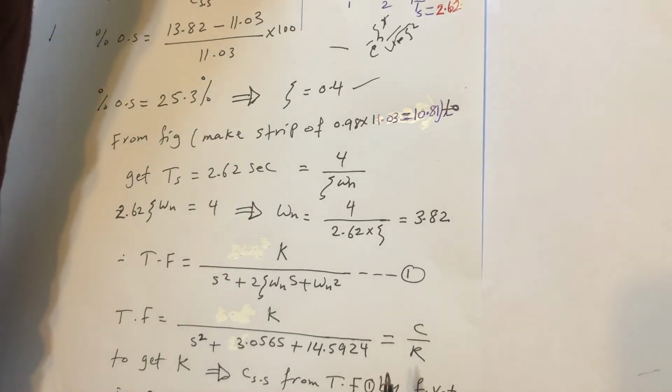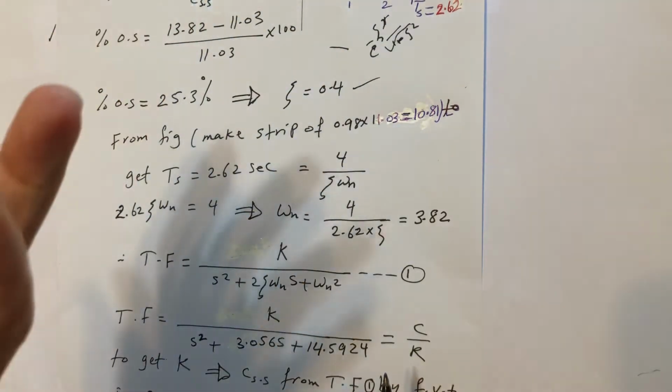Let's say that is that one, the one above the 10. It's very difficult from the figures, of course.